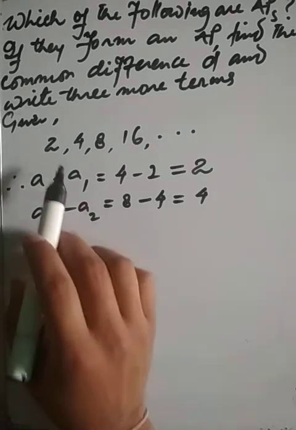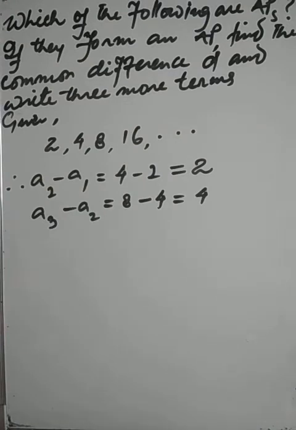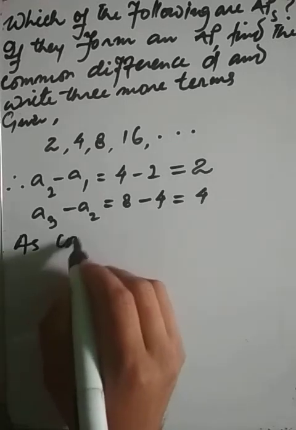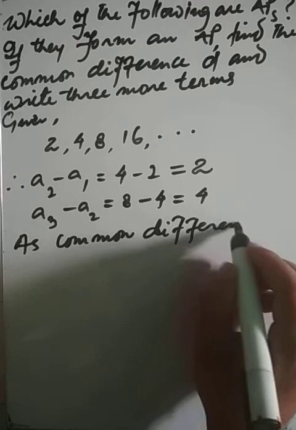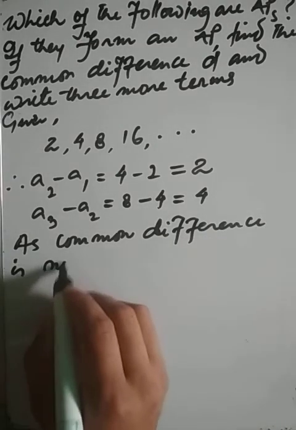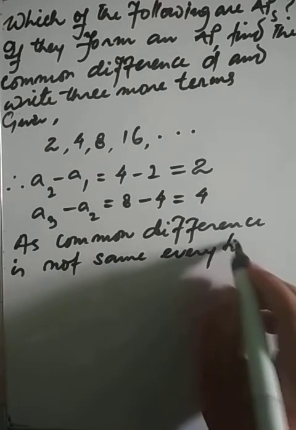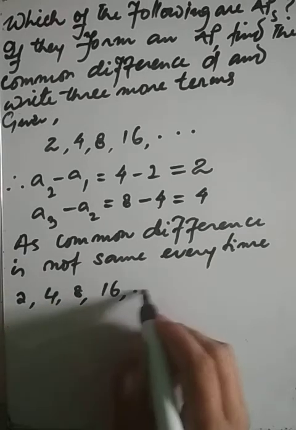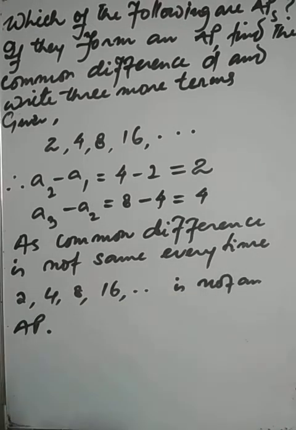Therefore, these 2, 4, 8, 16, and so on, do not form an arithmetic progression. These numbers cannot form an AP. So the common difference is not the same every time. 2, 4, 8, 16 is not an AP.